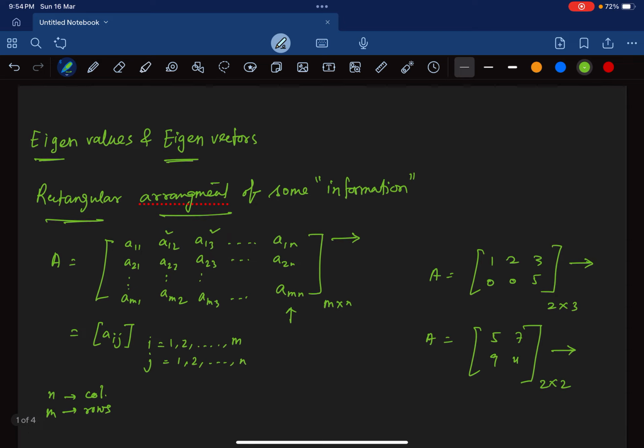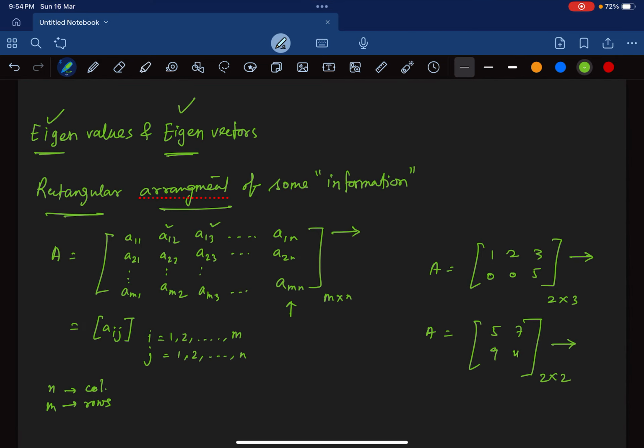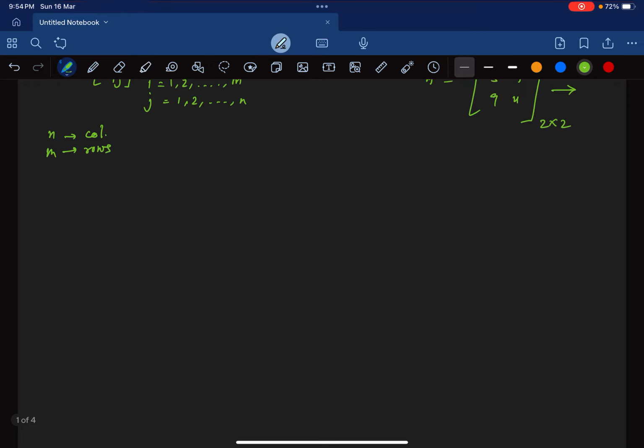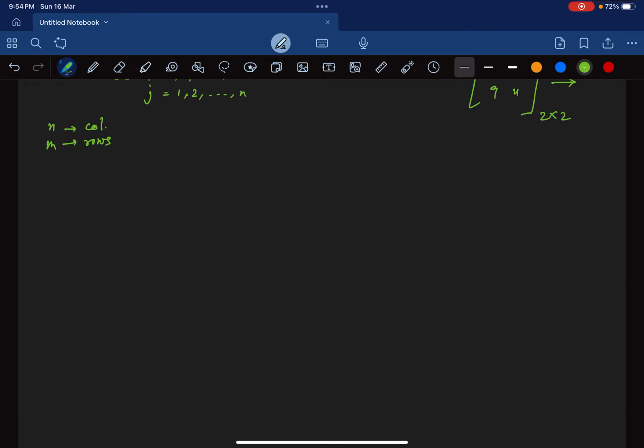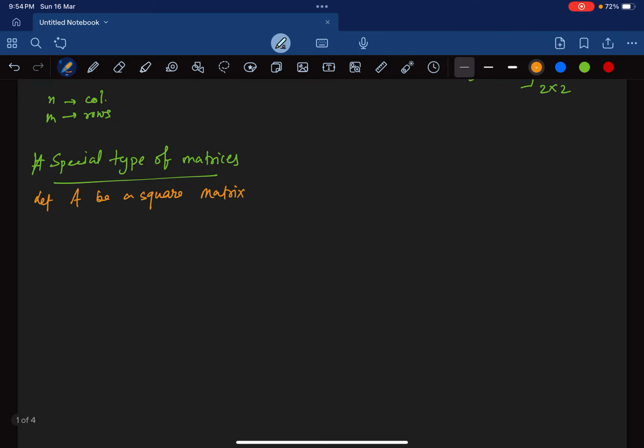Now a few important terminologies we should know before going into the eigenvalue and eigenvector topic. The first thing is a few special types of matrices. Let A be a square matrix, then only we have the further discussion.